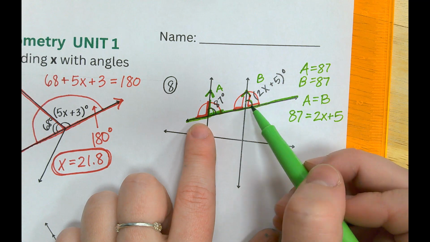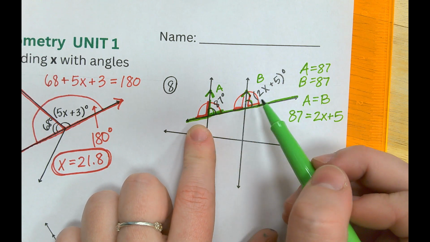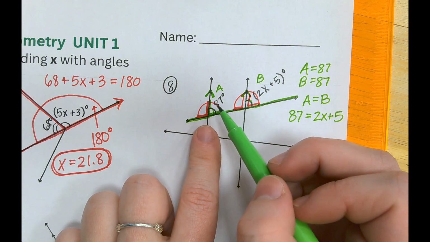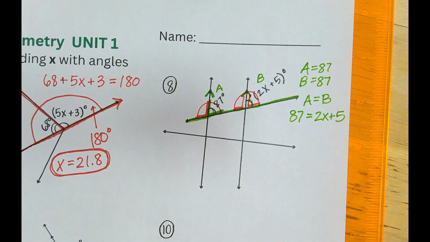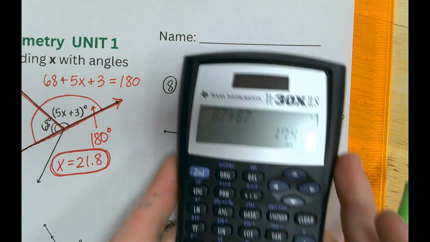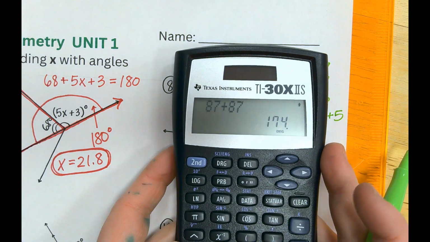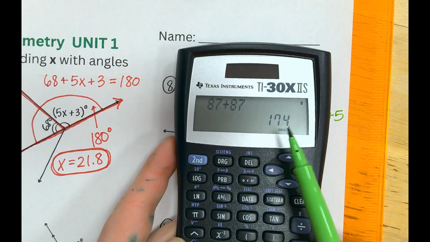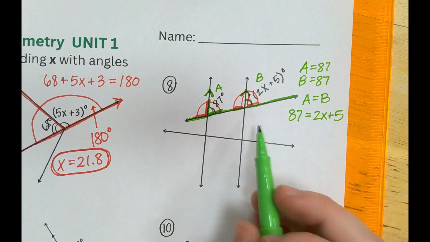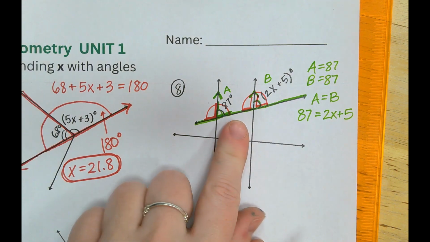I know it is because it's the same as the first one. So I can reason 87 plus 87 is not going to reach 180. It's less than 180. It's actually pretty close, it's 174. So 180 isn't going to help us in this case.